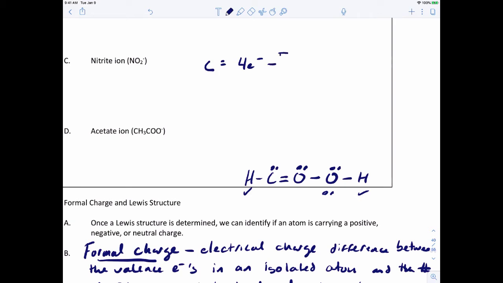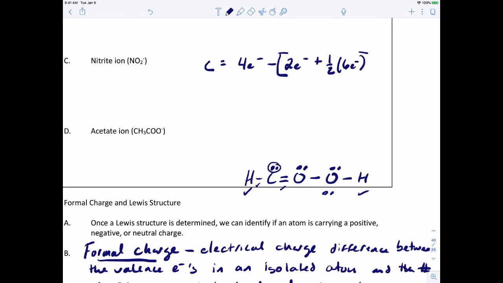So we're going to take 4 electrons minus the non-bonding electrons. Carbon has 2 non-bonding electrons, so I'm going to write 2 electrons up here. Now, how many bonding electrons do you have? You've got the double bond, which is 4, plus the single bond, which is another 2, so that gives us 6. Half of that is going to be 3. So I'm going to write half of 6.